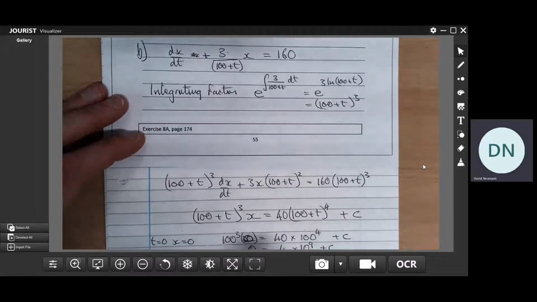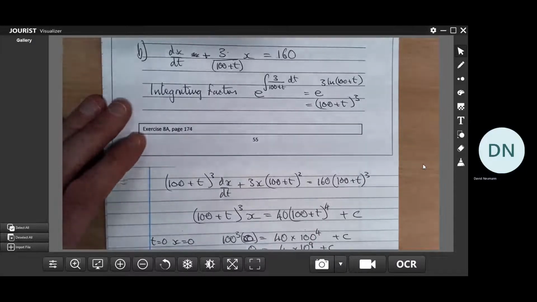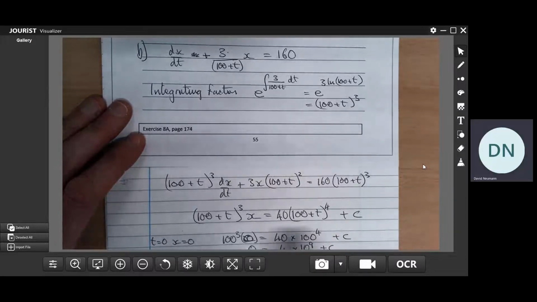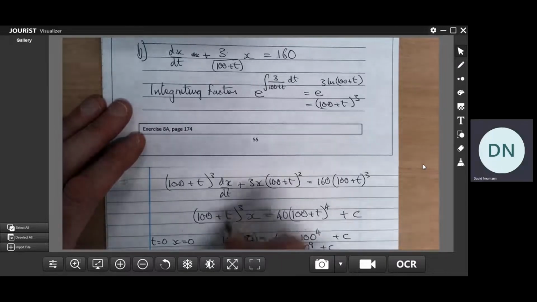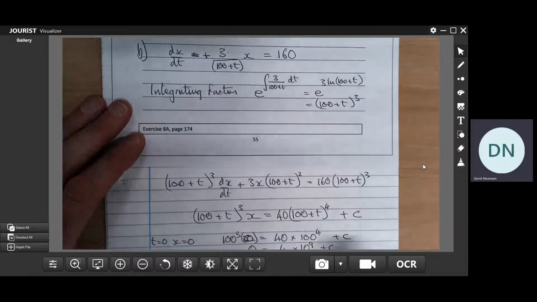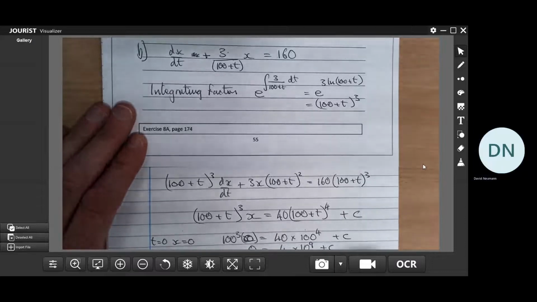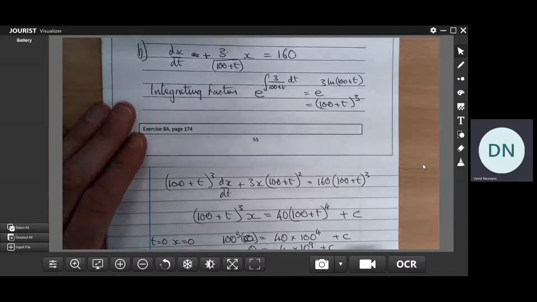If we rearrange this, we get x is equal to 40 times 100 plus t, then plus c divided by this, so minus 4 times 10 to the power of 9 over 100 plus t cubed.